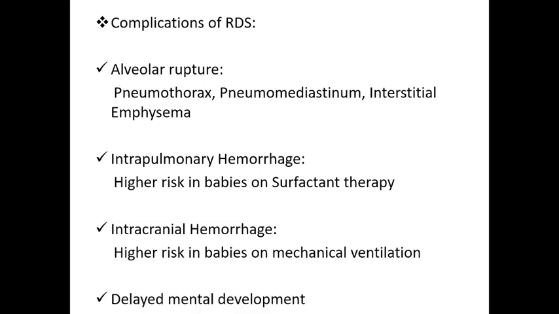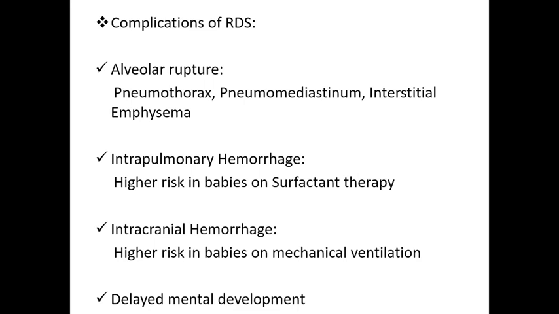And the next thing is delayed mental development. That's because in RDS there is inefficient respiration, so the amount of oxygen taken into your body is less. As a result, the amount of oxygen that goes to your different organs is also less. Similarly, your brain will not receive a good oxygen supply.